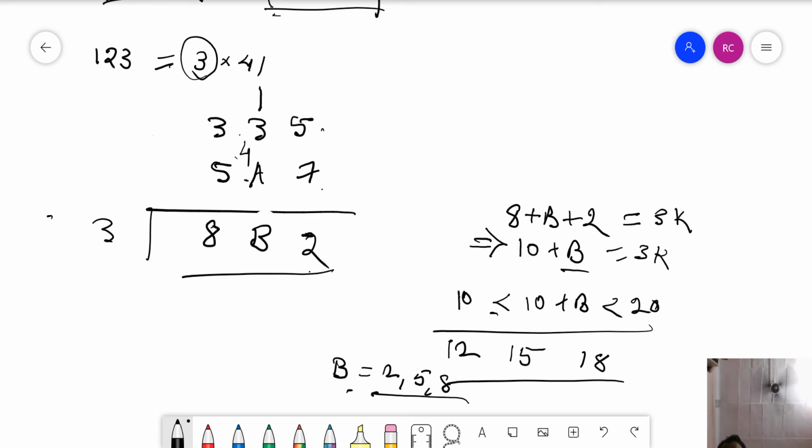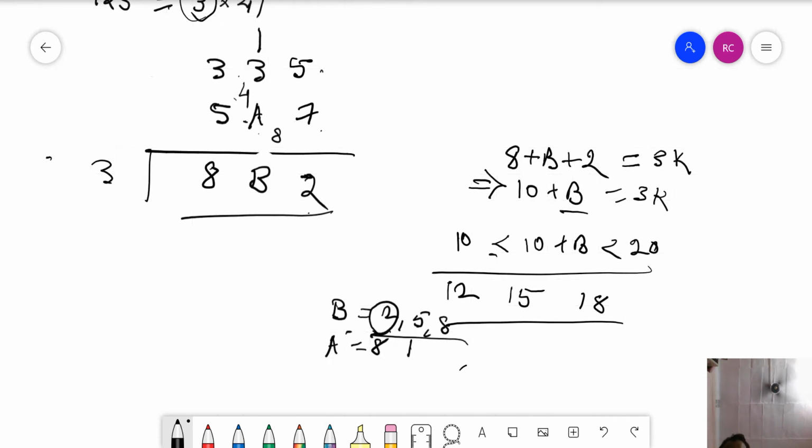So if b is 2, then a would have to be 8. If b is 5, a would have to be 1. And if b is 8, a would have to be 4.